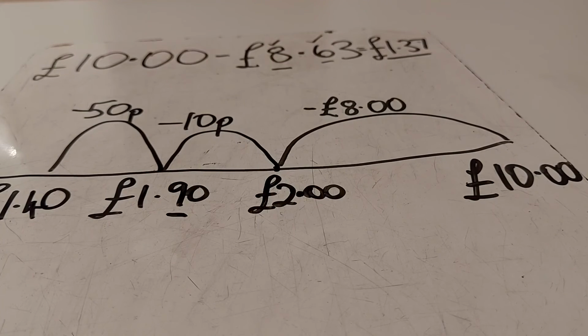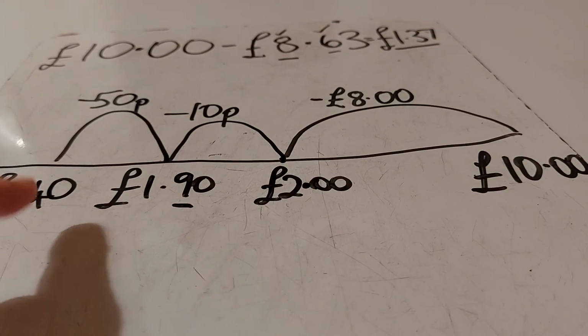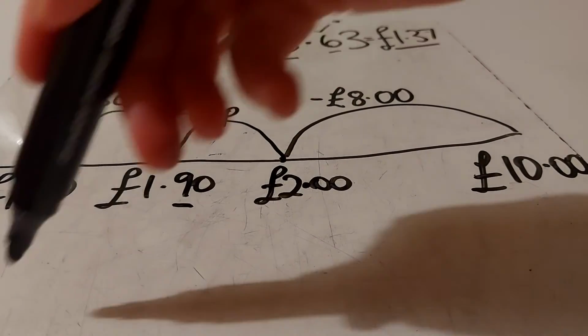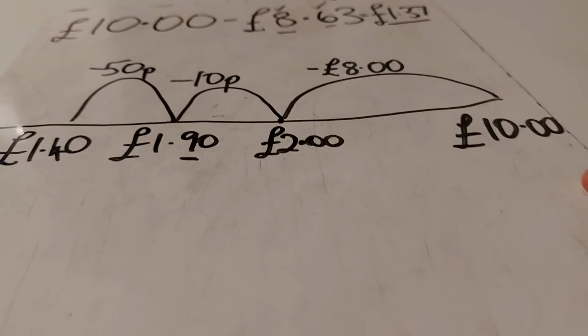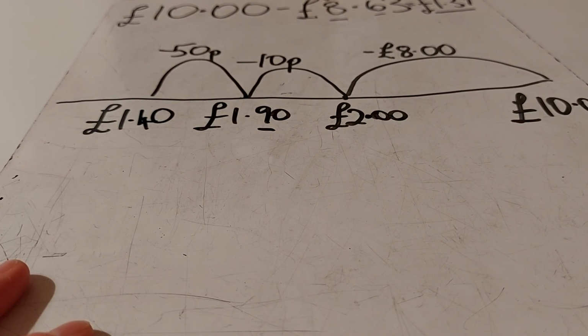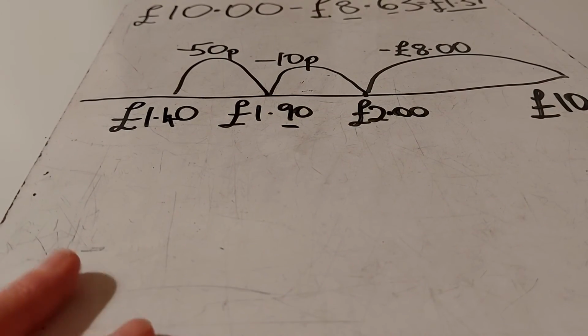Now we're left with the 3 pence that we need to take away. Okay, now I'm running out of space at this side of the board. So I'm actually going to move the board slightly up. In fact, yeah, I think I'll be able to fit it in here. So we only need to take away 3 pence.